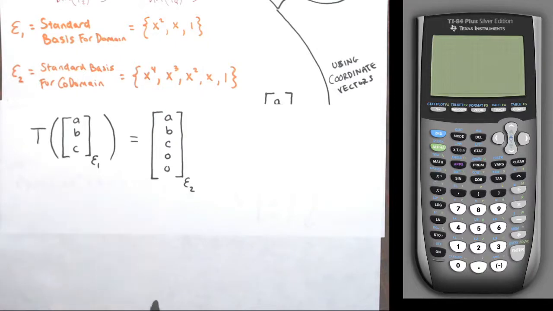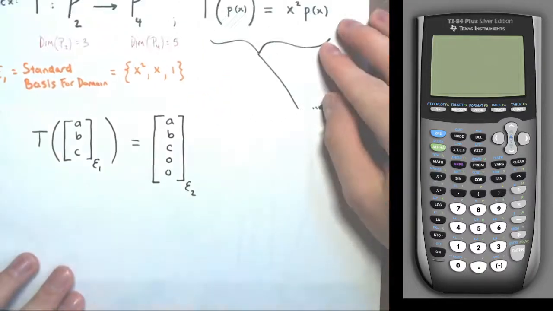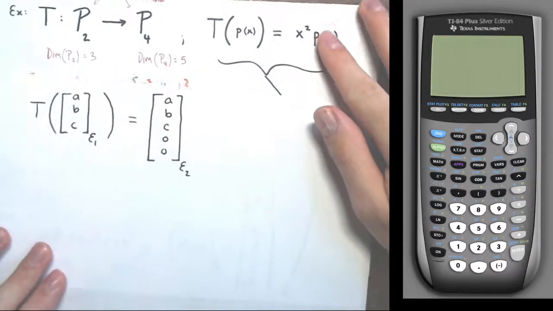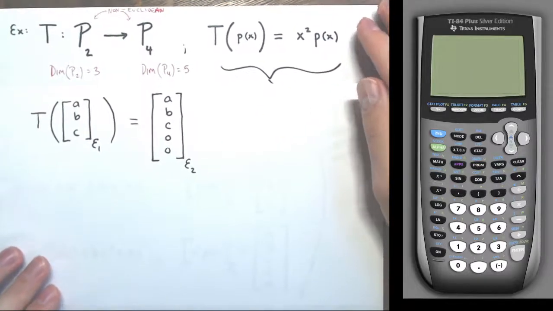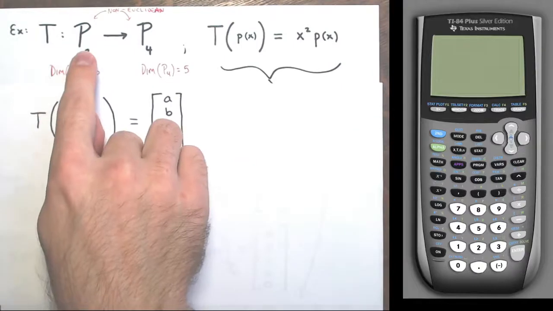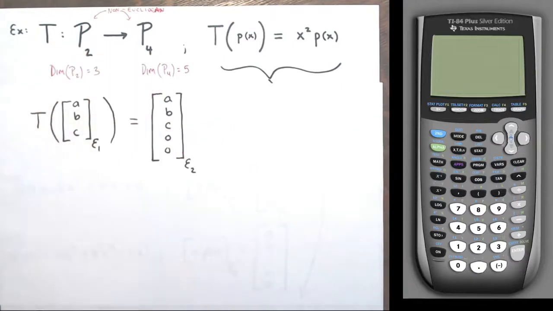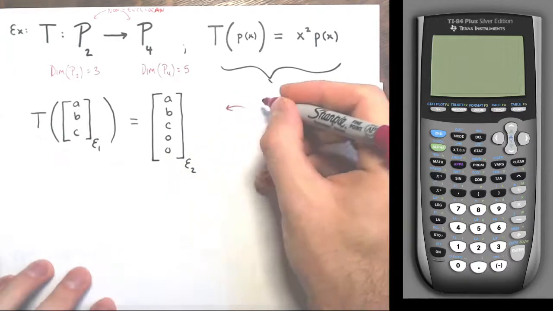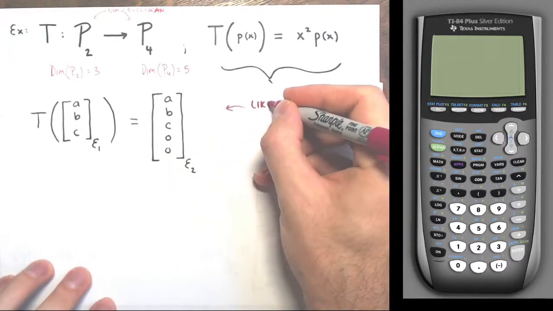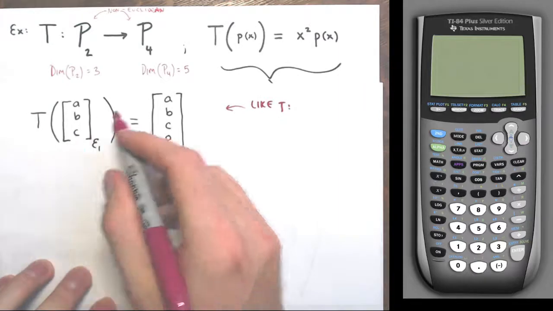All right. So now what we've done when you change a transformation to its coordinate vector representation is I've taken a transformation from P2 to P4, and I've written it as a transformation that's like a transformation from R3 to R5.